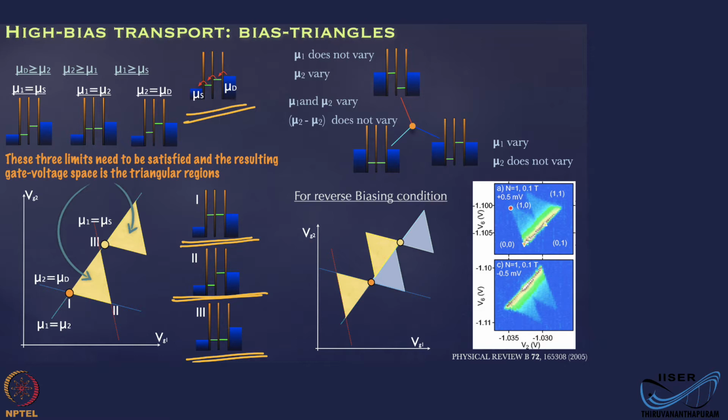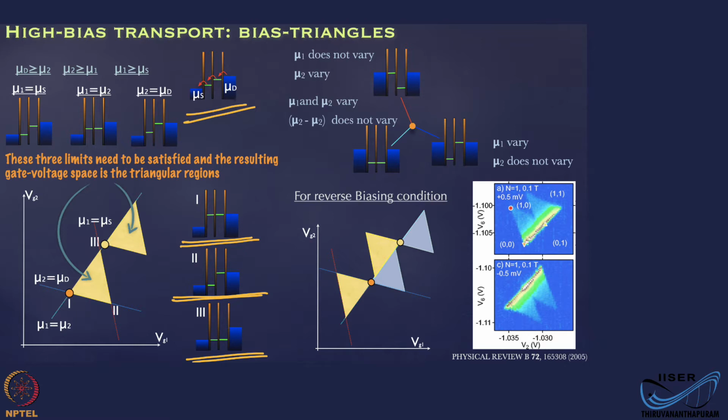So you have three non-parallel lines, and the area enclosed between them would be a triangle. That is what you are going to get when you apply bias with a non-zero current, and that is the origin of the term bias triangles, because when you apply bias, you get triangular regions of non-zero current.